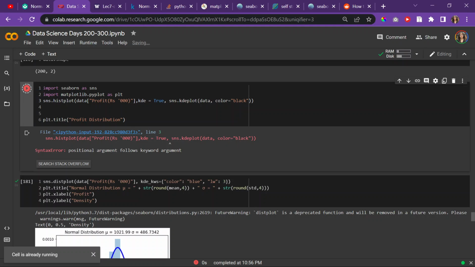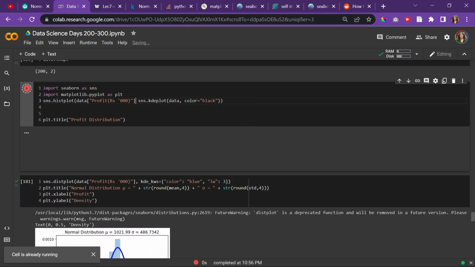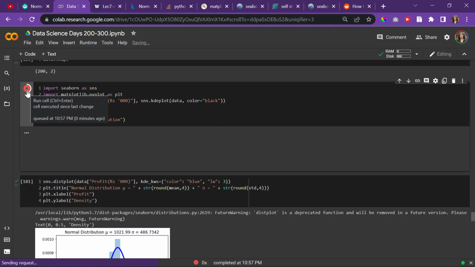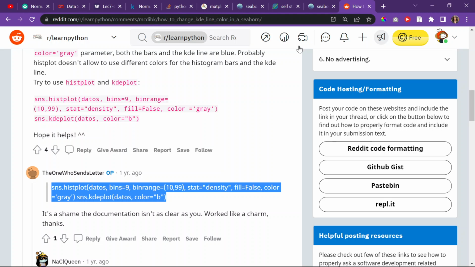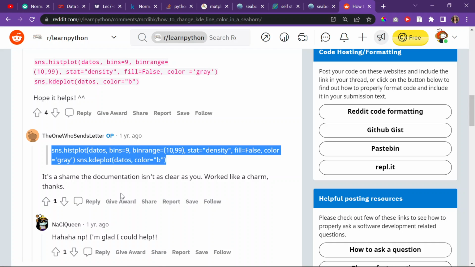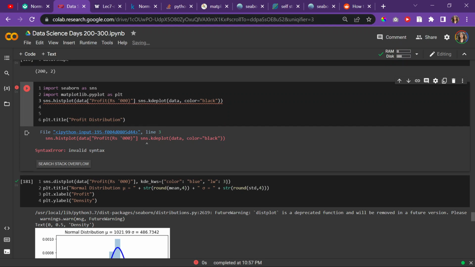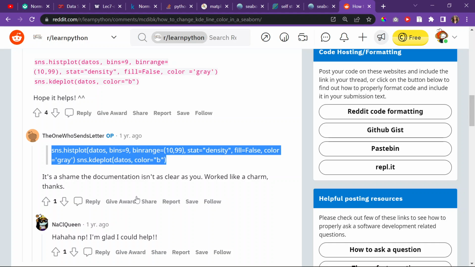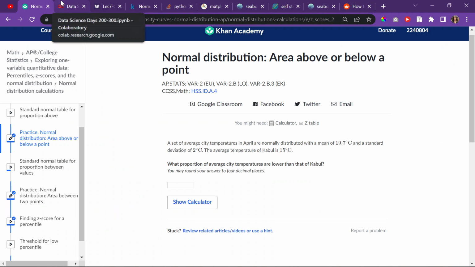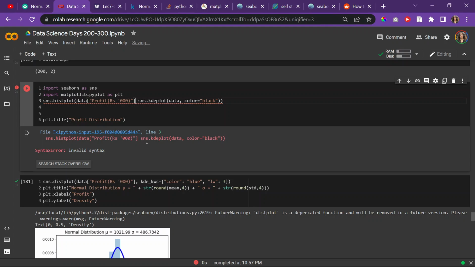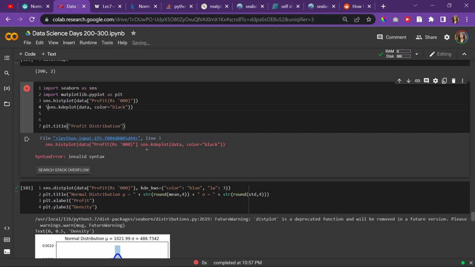Maybe if I get rid of kde equals true. I can't do this anymore. Like, what even? And there's no comma. What? There is, it's not inside at all. Like, this doesn't make sense at all.